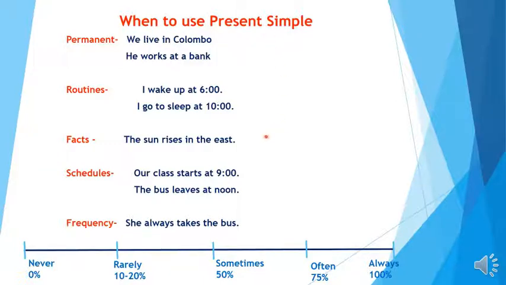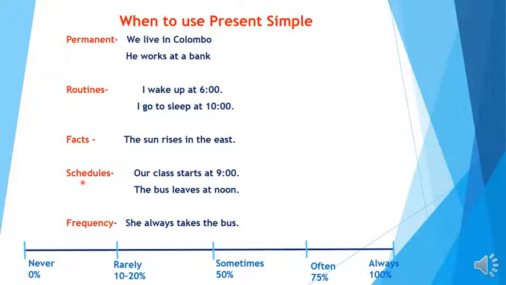And some general facts: the birds fly in the sky, general fact. And the sun rises in the east. So when you talk about that kind of facts, you have to use present simple.